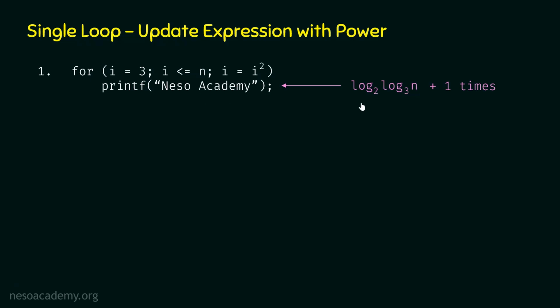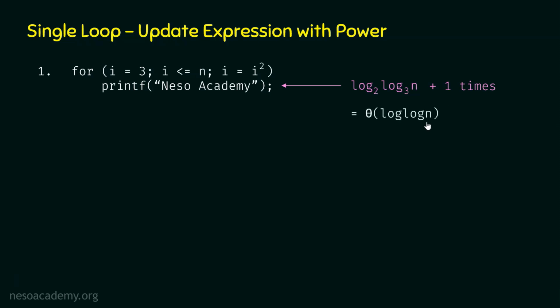And we know the frequency count of this instruction is the same as the time complexity of this loop. We represent time complexity in asymptotic notation. Let's use theta notation to represent time complexity. We can write log base 2 of log n base 3, plus 1, as theta of log log n.